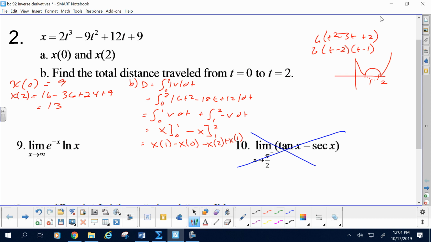Okay, so looks like the distance should be 2x at 1 minus x initial minus x at 2. Now, question is, what's x at 1?